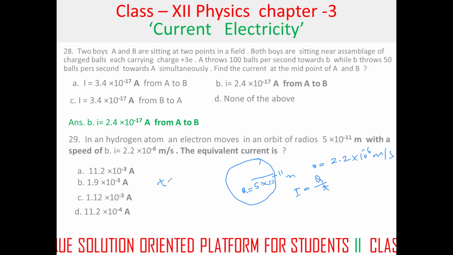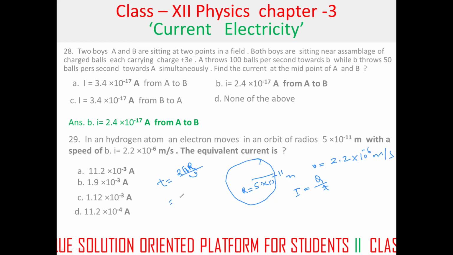Time period T here is 2 pi R by V. Is it clear to you? Because it is moving with the speed V, 2 pi R is the circumference of this, so the distance is 2 pi R. If I divide it by velocity, I will get the time.